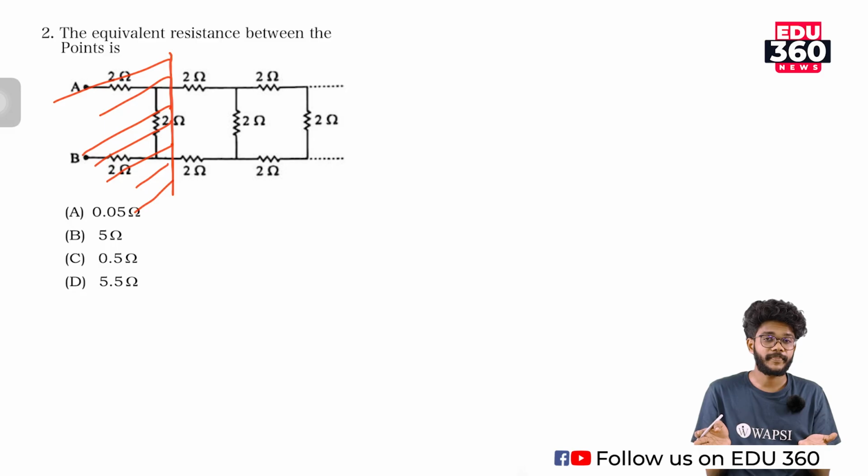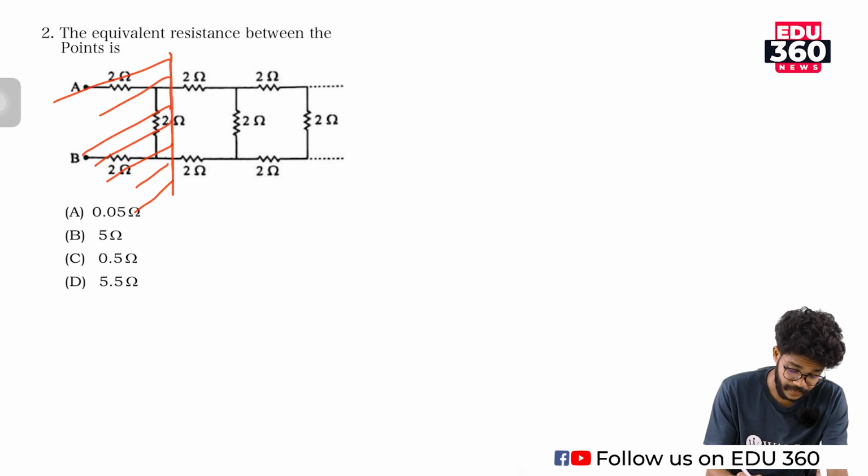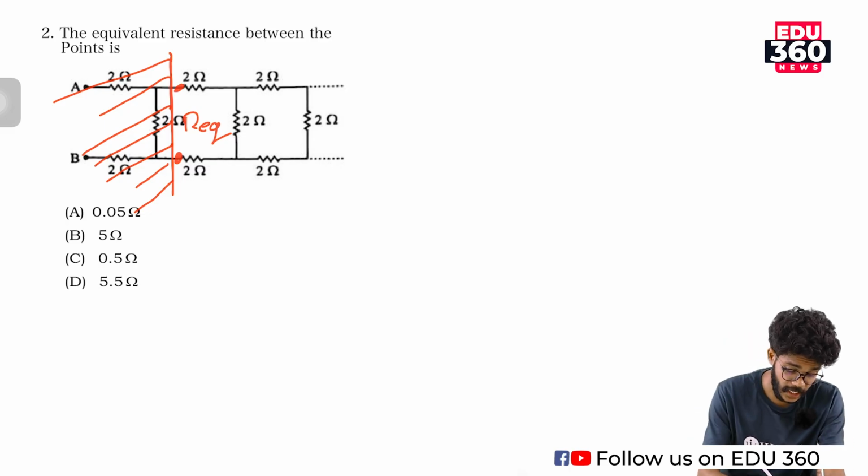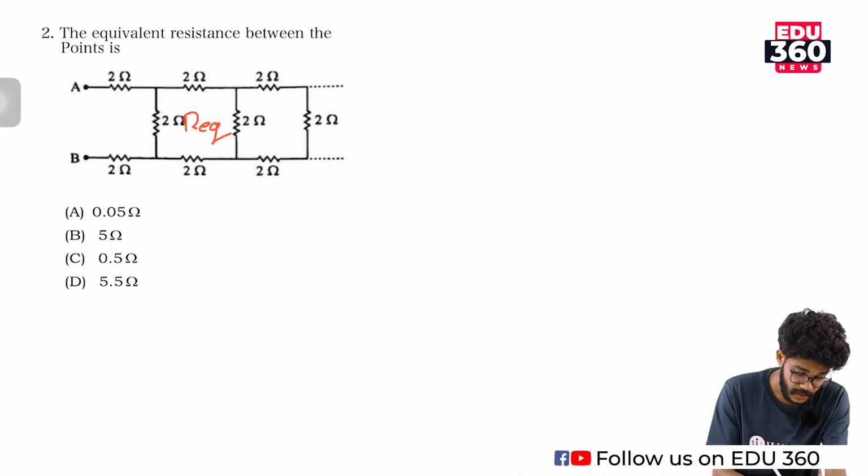Actually no change is happening, because they are infinitely connected. So I am giving the resistance between these as R equivalent. The total resistance is R equivalent, and after connecting these points I am giving R equivalent.